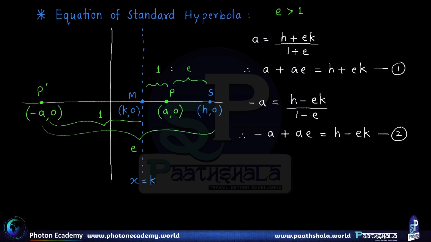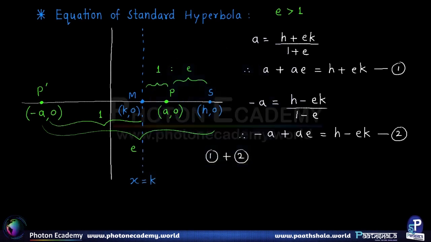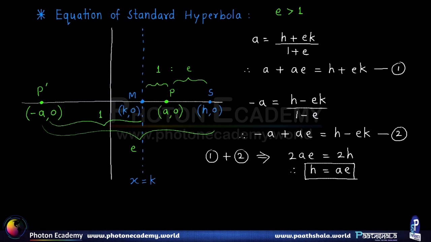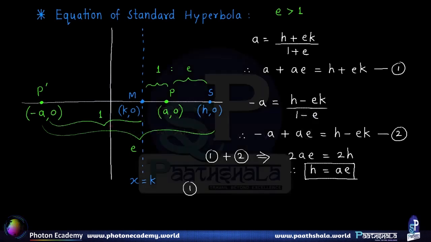Now if we add the two equations, that is 1 plus 2, that gives us 2ae is equal to 2h. So therefore we get h is equal to ae, which is an important find. And if we subtract, that is, if we do 1 minus 2, then we get 2a is equal to 2ek.